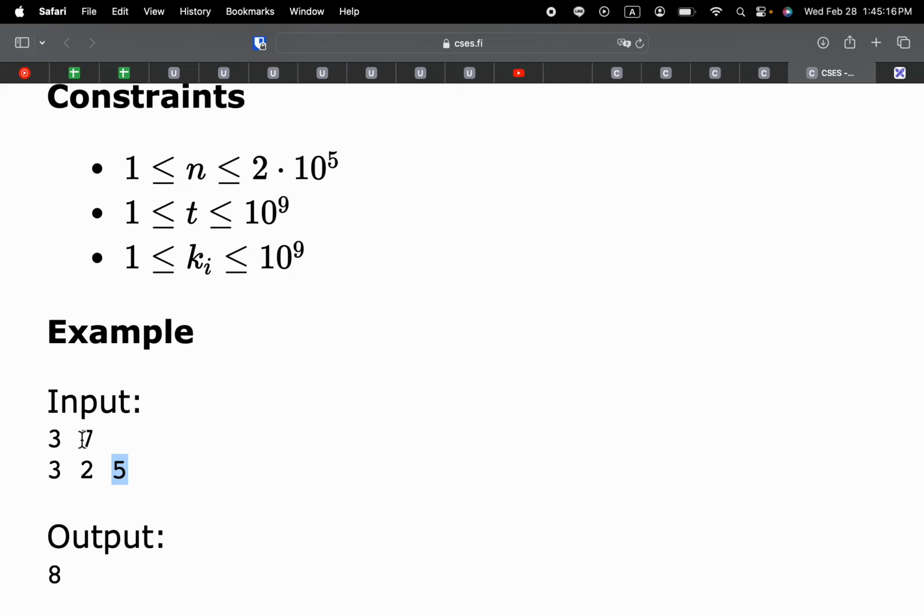And then this one means that you need 7 products, and they're asking you how much time you need to make 7 products. Okay, it's very simple, right?